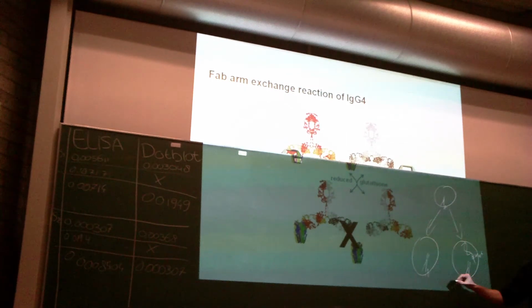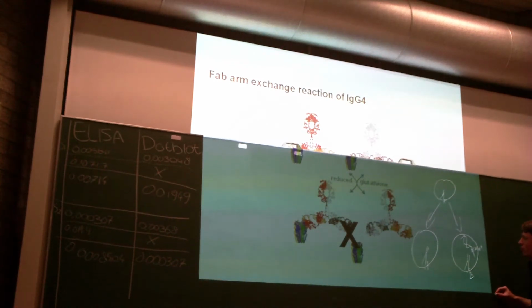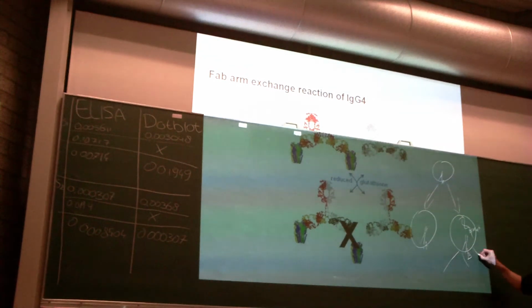Now, if you have these together in a well or in a human, this is not monoclonal anymore. These are two different clones. And if this diversifies further, you will get a whole range of different antibodies. Because these antibodies are different, they will recognize different things.